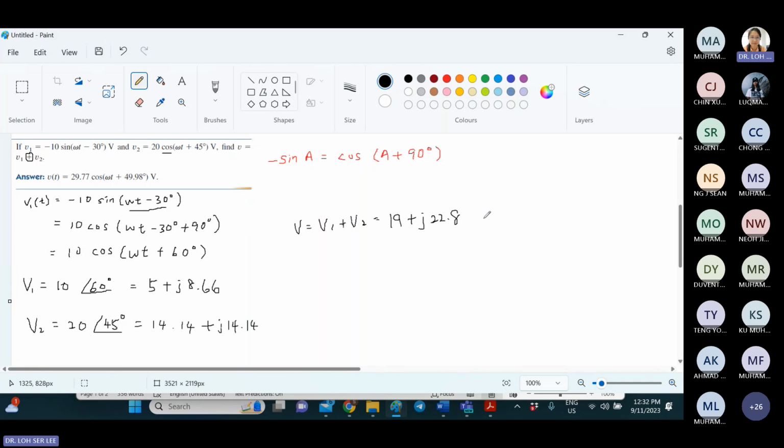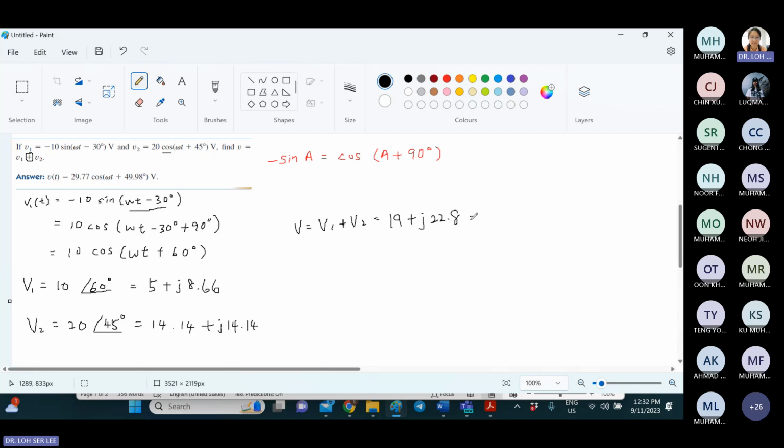What to do next? Rectangular to polar. Yes, we change from rectangular into polar form.